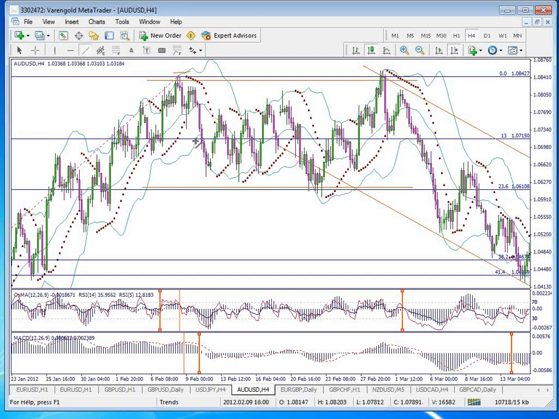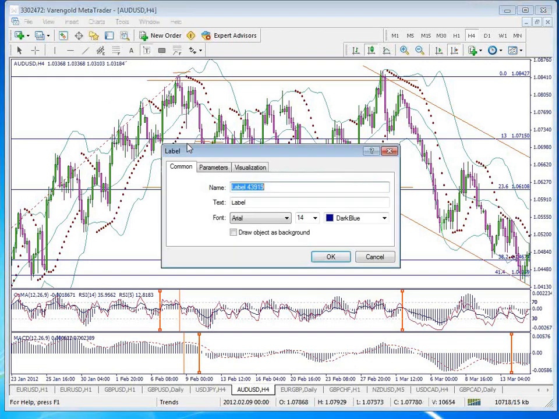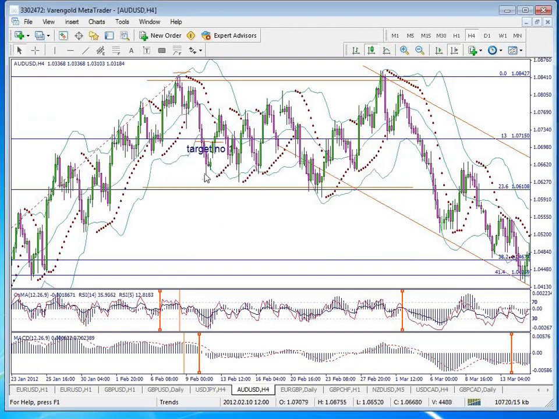So here will be the first target. Here 23 will be the second target.